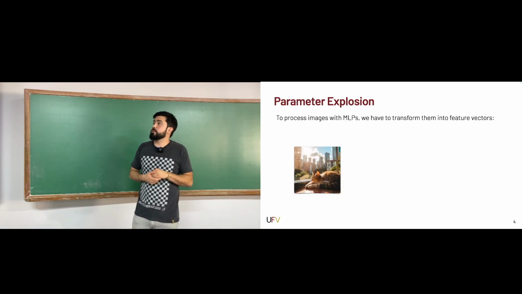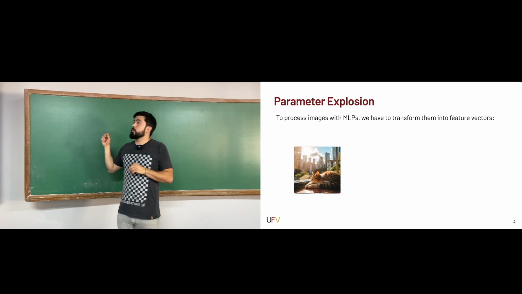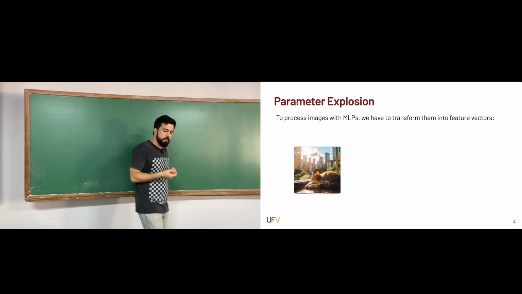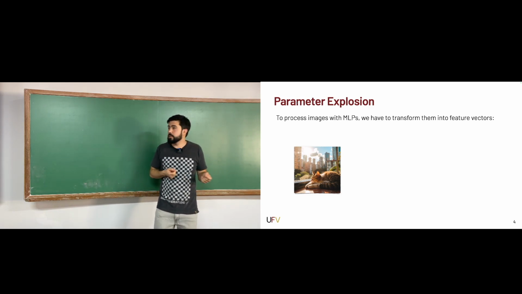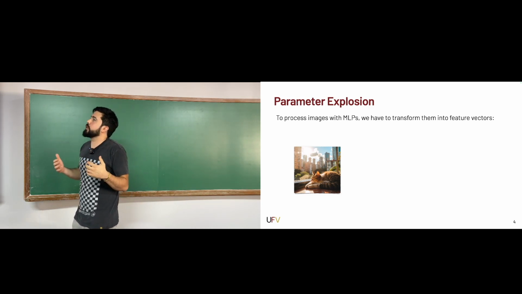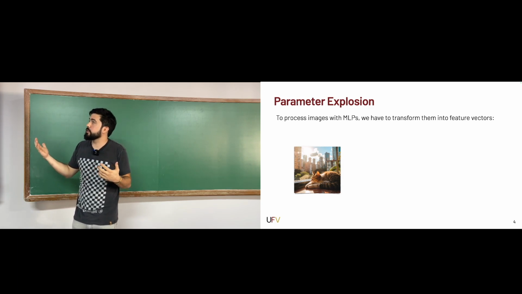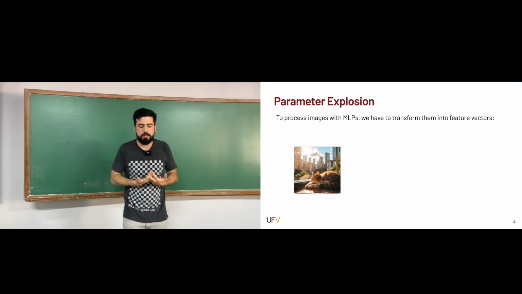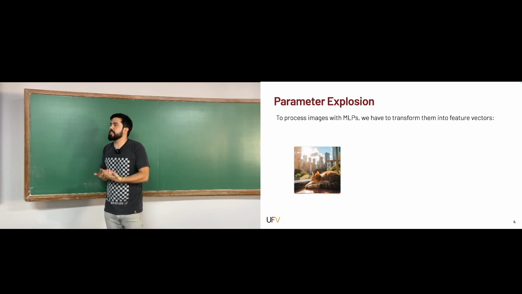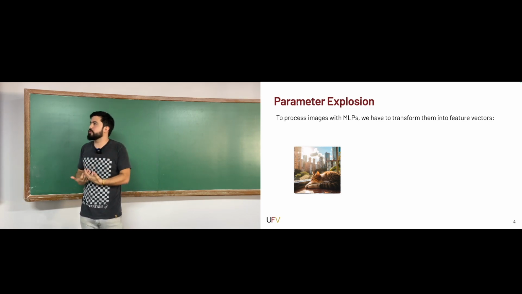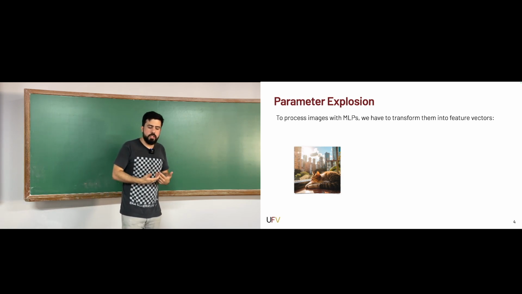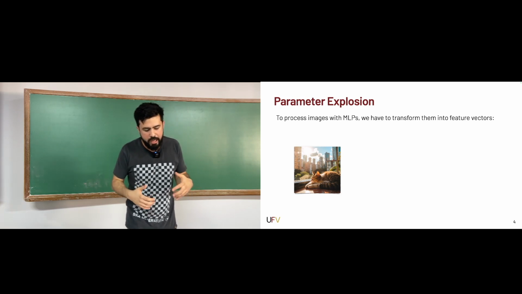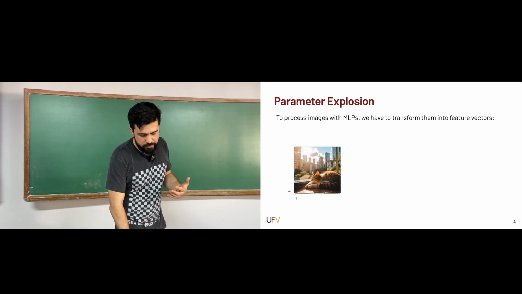So to motivate convolutional neural networks, we have to think about the number of parameters that we need to process a given image. Using the things we know so far, like multi-layer perceptrons, if you try to use them to process images, which we have done in both the programming 1 and programming 2 assignments, we will see that as the size of the image grows, we have an explosion of the number of parameters in our network.